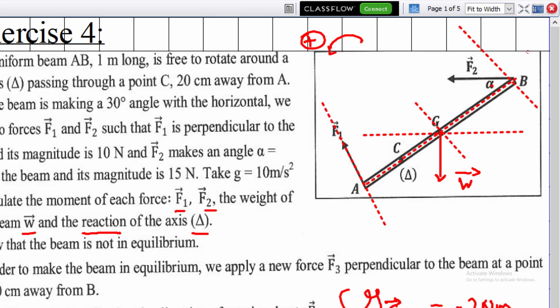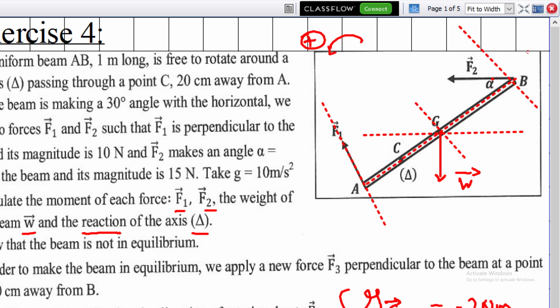Because this angle here is between this line and the beam. And we have this other line. In order to make use of properties related to corresponding and alternate interior angles, we need two parallel lines with one line intersecting them. So now this is a parallel line, this is another parallel line, and we have one line intersecting them, which is this.